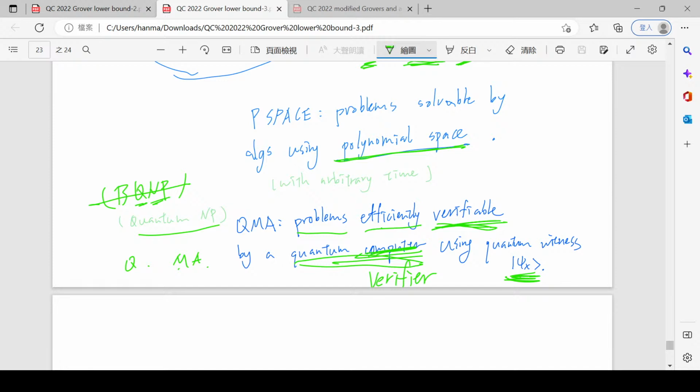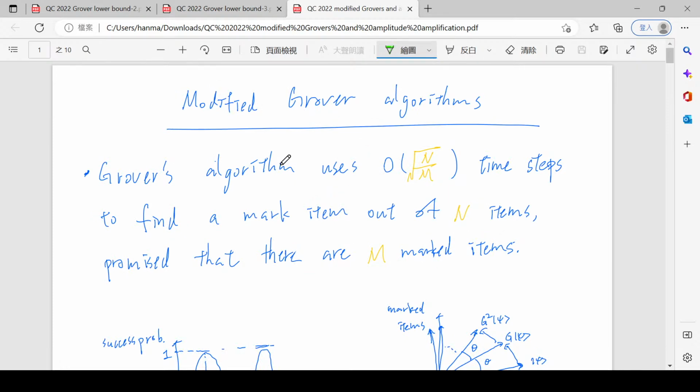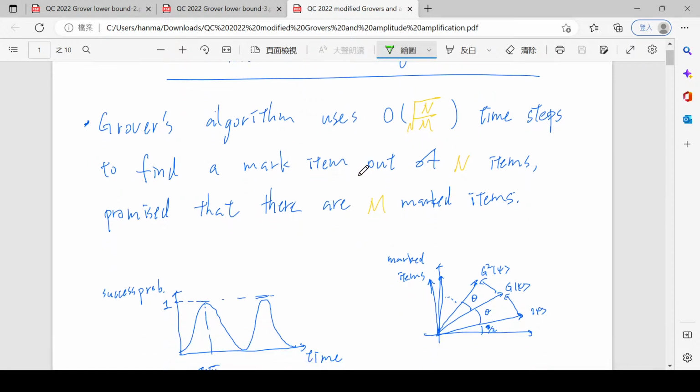Okay, so let's change to the next slide and talk a little more about Grover's algorithm. We spent quite a bit of time talking about this weird issue of the number of marked items in Grover's algorithm. We say for Grover's algorithm, if there are m marked items among n items, then you need order square root of n over m steps.